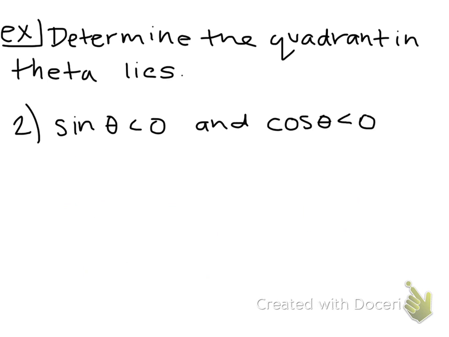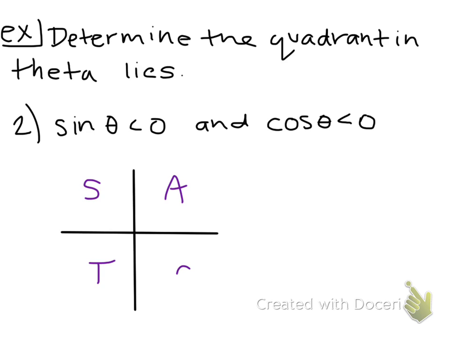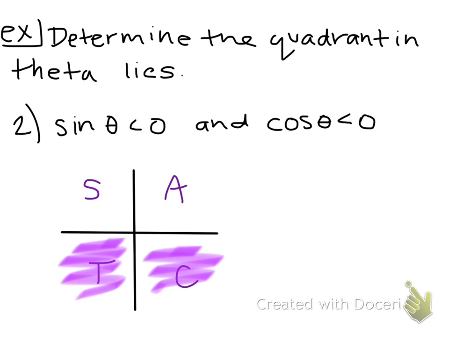Let's try one more. Again, we're going to draw our quadrants and write our letters in there to help us. Sine is less than 0. Sine is positive in 1 and 2, which means sine is negative in 3 and 4.